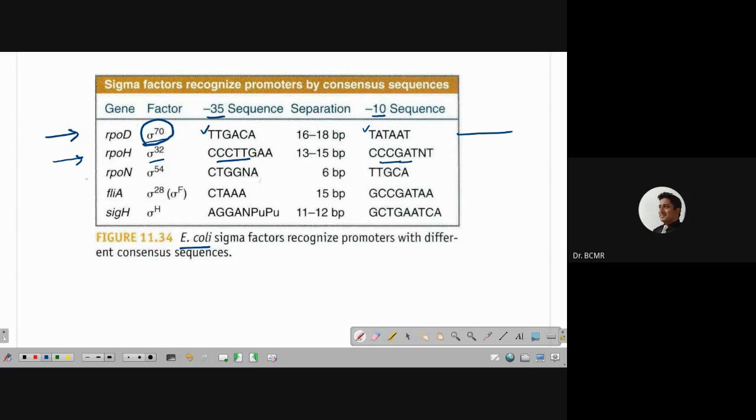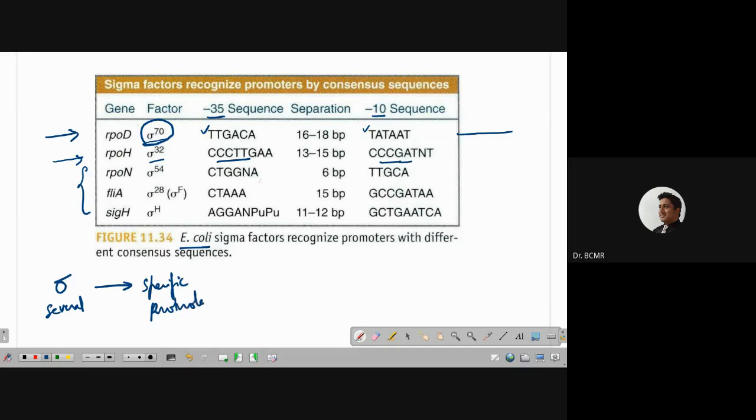So there are several others, nitrogen starvation and so on. What I want you to remember is there are several sigma factors, and these sigma factors recognize specific promoters.